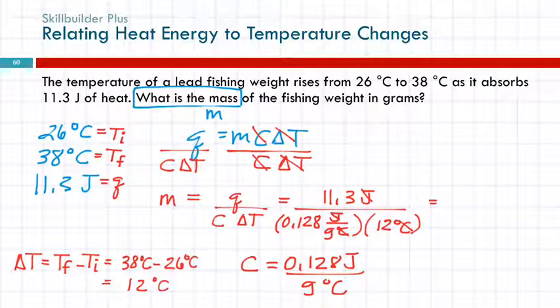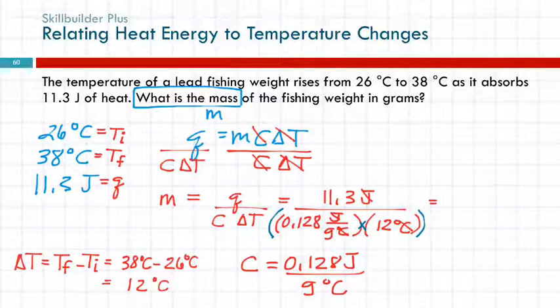When you do this on your calculator, you need to be careful because it's 11.3 divided by 0.128, and it's also divided by 12. Students tend to do 11.3 divided by 0.128 times 12. If you're going to do that, you have to put parentheses around the denominator. You have to put parentheses here if you're going to use the multiplication sign.